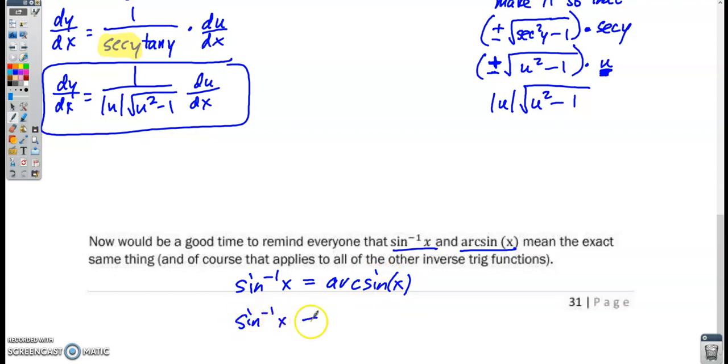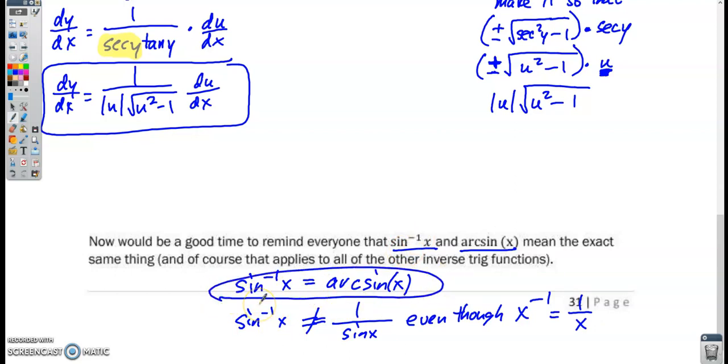This does not mean this, even though this does mean this. So anytime you see that sine to the negative 1, that's always representing the arcsine. That's mathematical notational convention. If you wanted to write 1 over sine of x using a negative exponent, you would write it as sine of x to the negative 1.